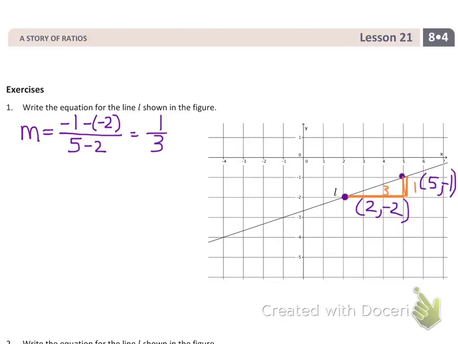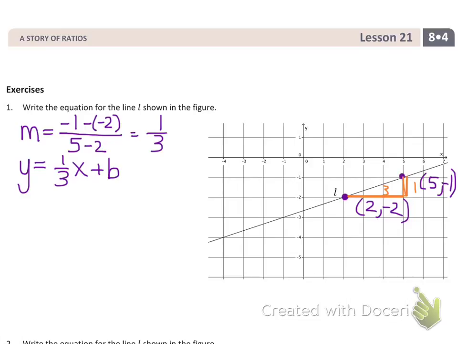Okay, so now that we have the slope, we can put it in the slope-intercept form. We don't know the y-intercept, but we know it's somewhere between -2 and -3.